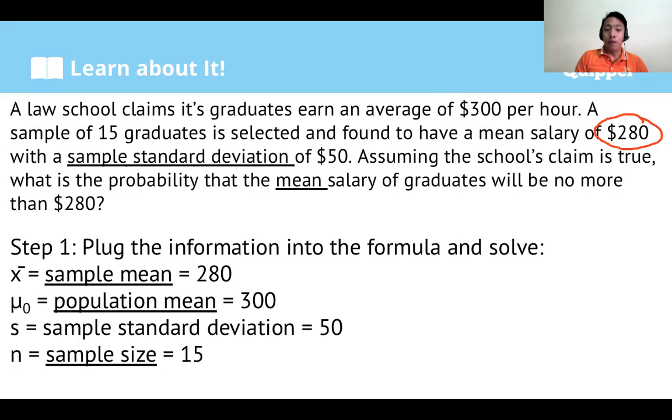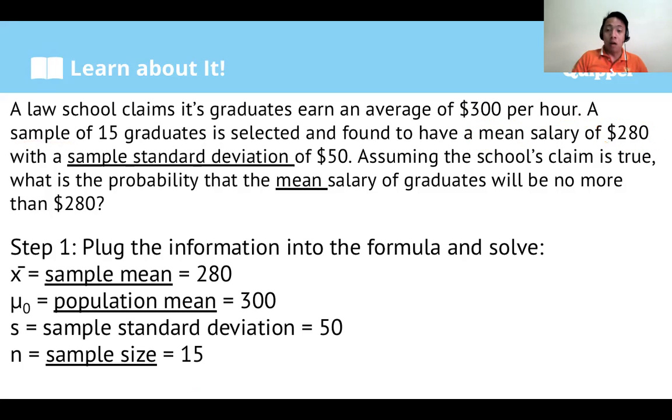It's because the 15 will be our sample size. They just chose 15 graduates from all the graduates, and that will be our sample size. And our sample mean is $280 because it says here that the sample mean is $280.